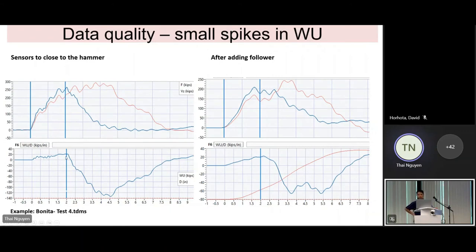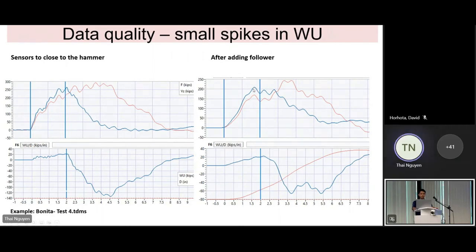It is not actually because the sensor was loose. It is because the sensor is a little bit too close to the hammer. Later on, when the pile is driven to the ground, there's no more room because the hammer lid is in the way, so they add a follower.